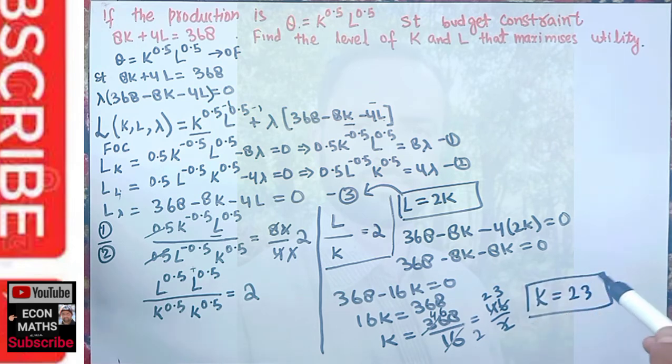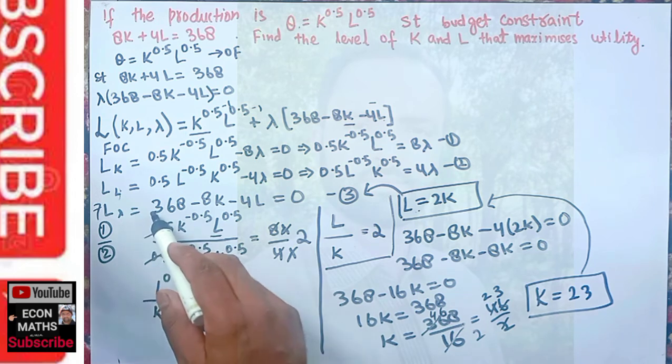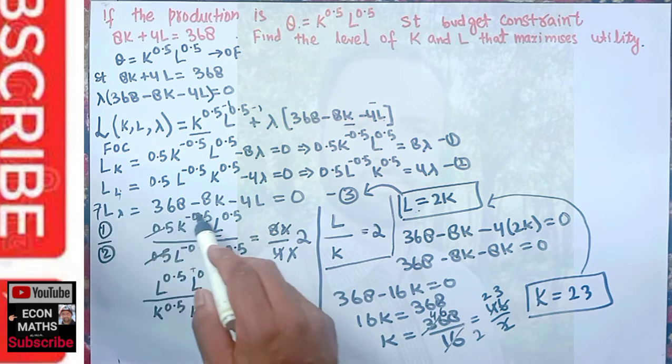Similarly, what will we do? We put k is equal to 23 either in this equation, or in this very equation third, or in this. It is up to you. So we will put this in this very equation.